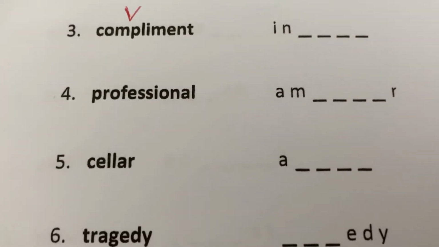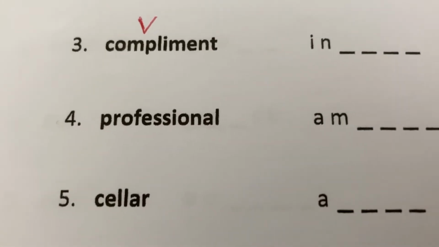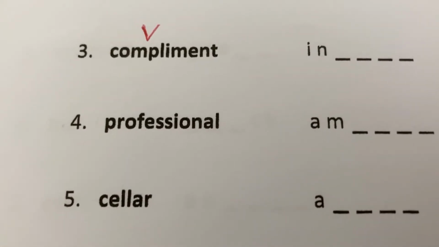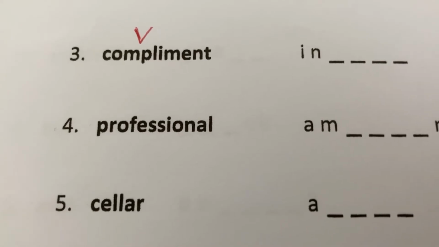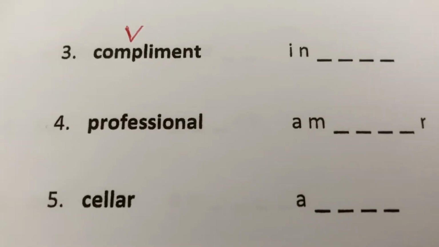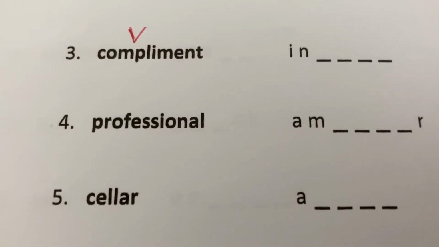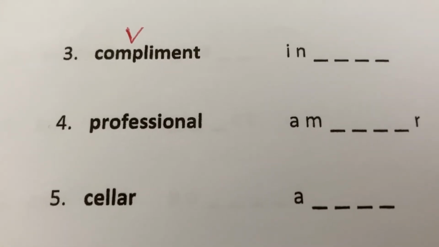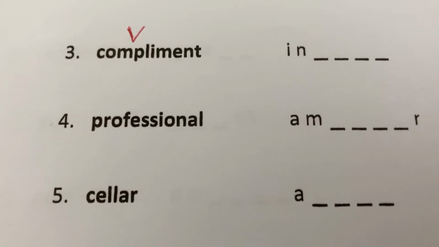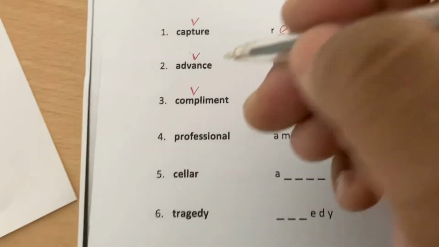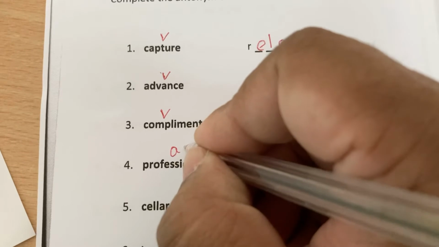Let's have a look at number four. Number four says professional. What does professional mean? If you're not sure, you have got a dictionary that you can check, or you can check it online. It's very important that you understand the meanings of these words. Professional means someone who is qualified or experienced, and it is an adjective. So I might put an ADJ.